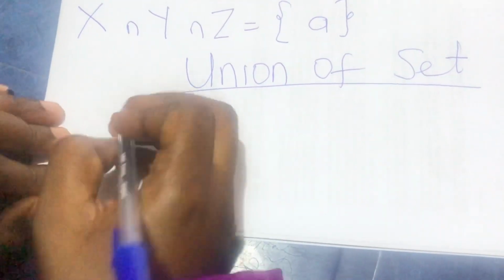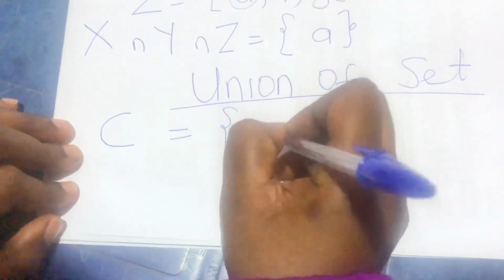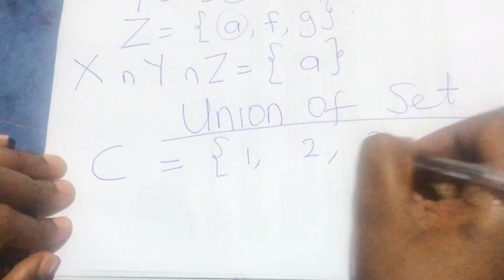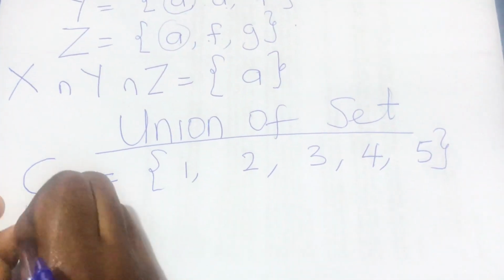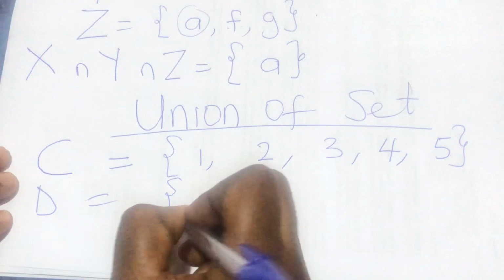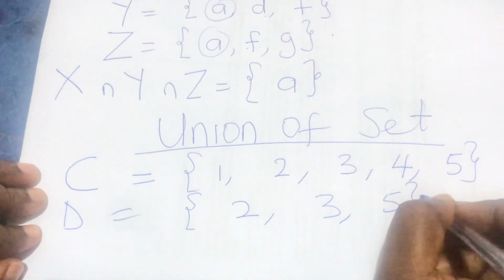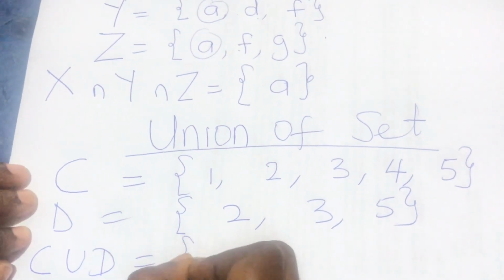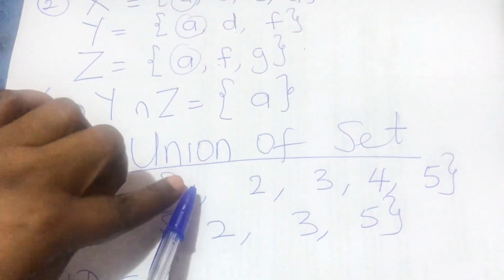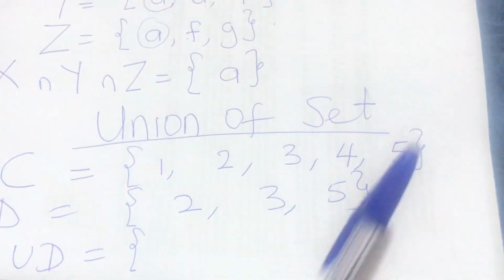For example, if I say I have C equal to {1, 2, 3, 4, 5} and D equal to {2, 3, 5}, then C union D will be those elements that are present here or present here or present in both sets.